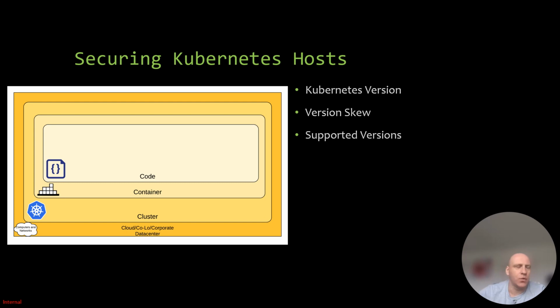For example, the Kube API server. In highly available clusters, the newest and oldest Kube API server instances must be within 1 minor version. That means if you upgraded your API server to 1.28, any other API server instances within the cluster have to be either 1.28 or 1.27.